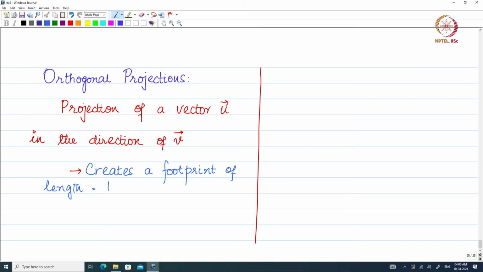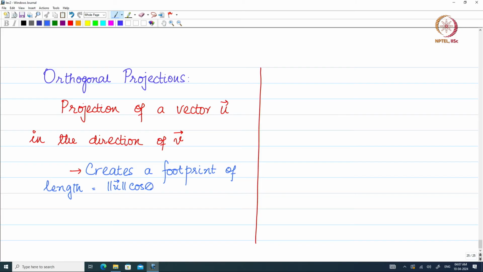So, we are going to get the projection which is nothing but u cos theta. That is the footprint length that we are going to get along the direction of v.